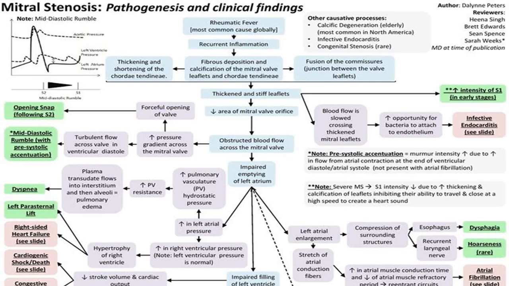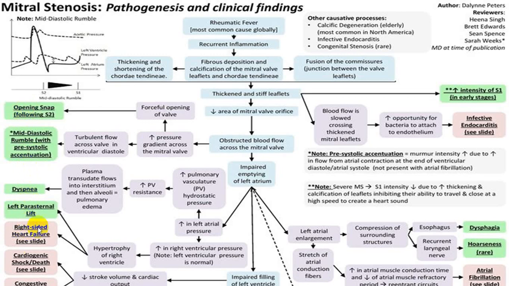This is the entire slide. Whatever I have discussed is shown here, that is the pathogenesis and clinical findings. At your leisure time, you can easily go through it. These are all the findings which you come across. These are what we call the sound-wise findings, and I'll try to explain that.